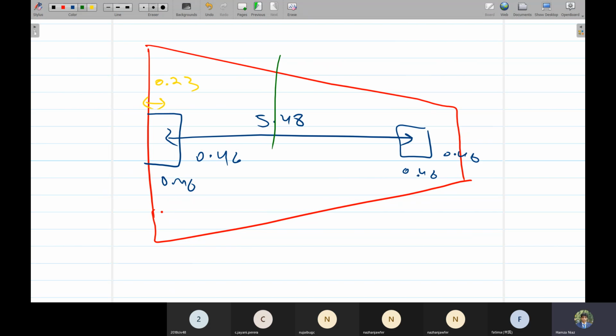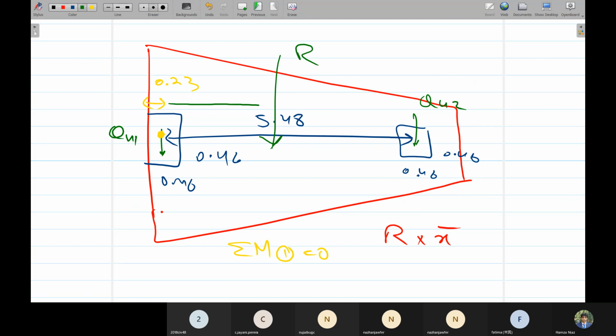We have to find where the resultant R would lie. We know QU1 and QU2, we know the effective ultimate load. Simply take moment about any column. For example, if we take moment about this column 1, summation of moment about 1 is equal to 0. So the value would be R into X bar. This is the X bar, from the central column.